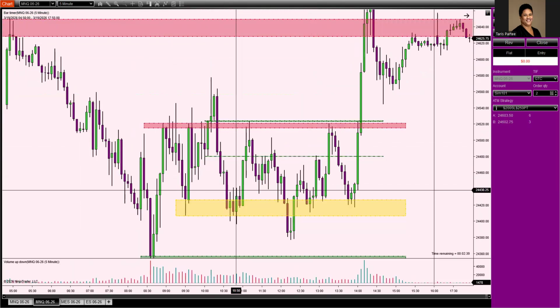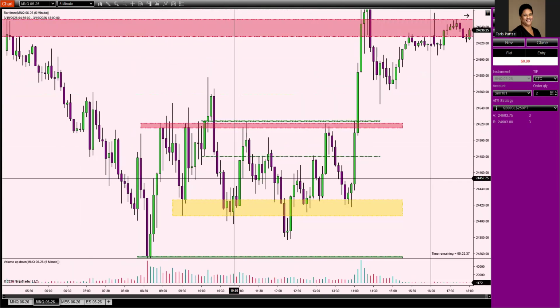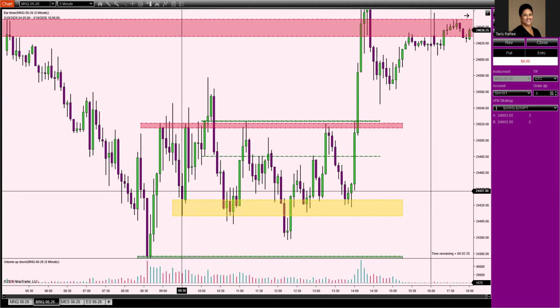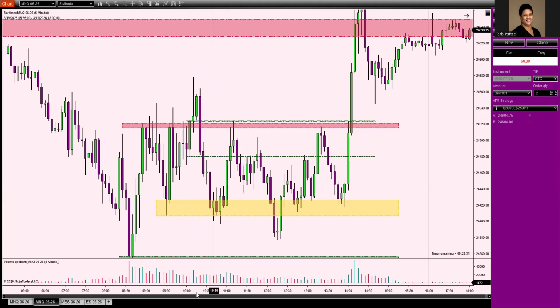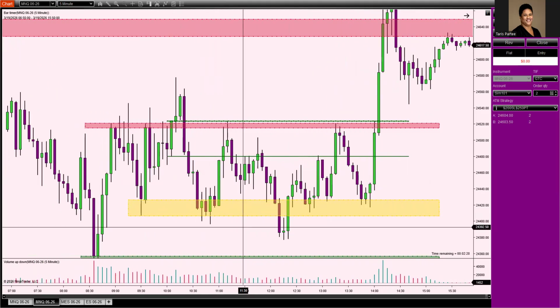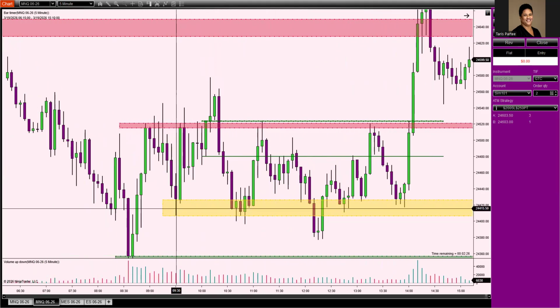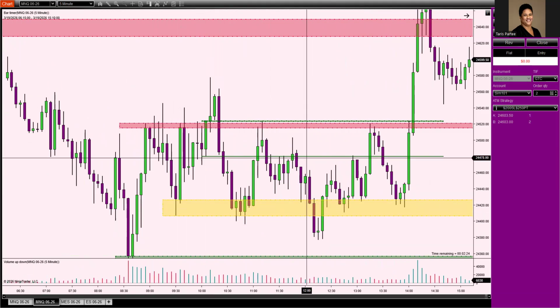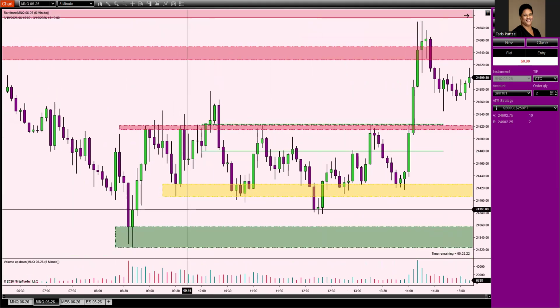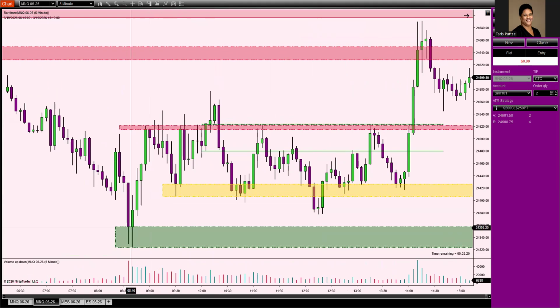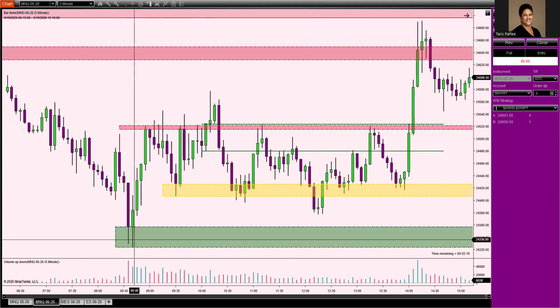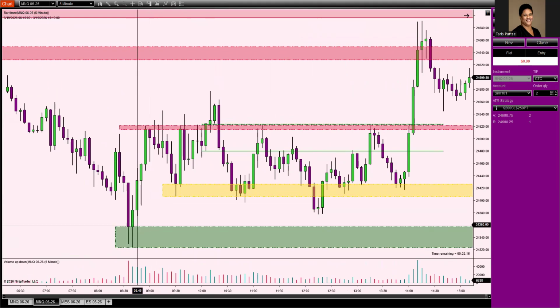Now I'm going to talk about the strategy that I like to use, which is the 9 a.m. high breakout. I call it the 9 a.m. high, but it's really the first 30-minute ORB, the first 30-minute open range break. So you can see right here, this would be our lowest body, lowest wick, our highest body, highest wick.